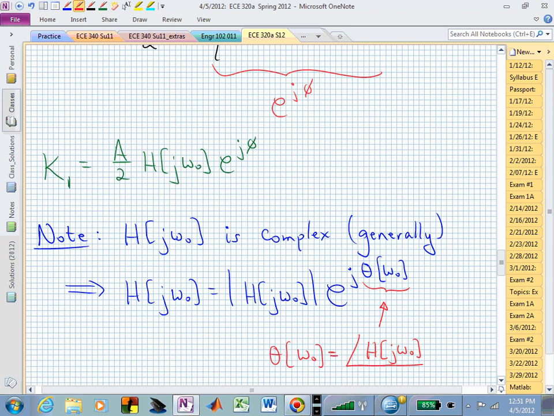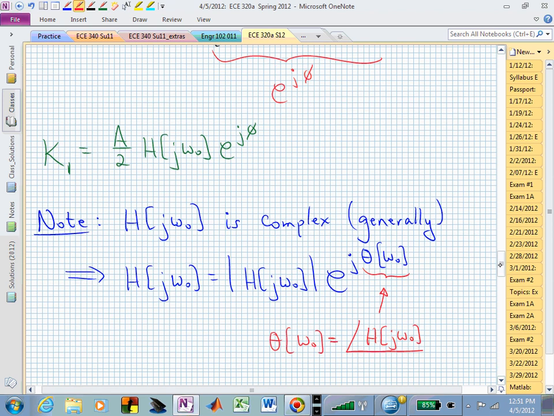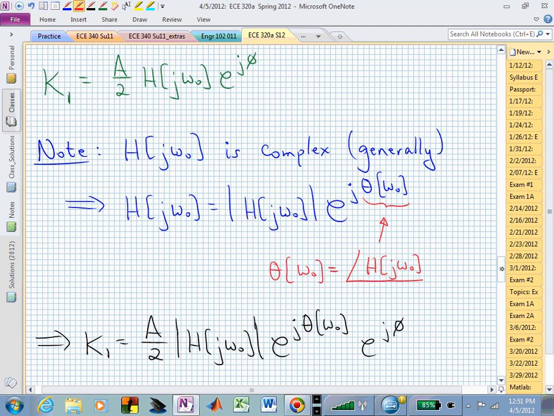If I now replace H in the K1 expression with this polar form structure of H, I can now start to combine my angles. I now have K1 looking like this. It's A over 2 times the magnitude of my transfer function at j omega naught. And I have these two angles.